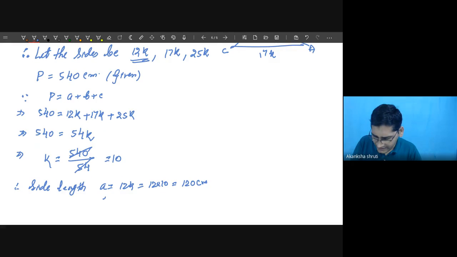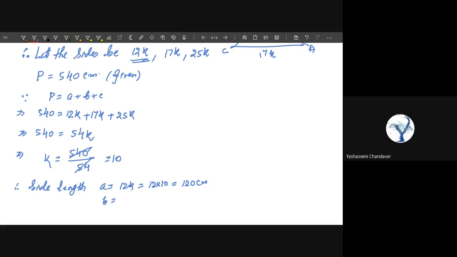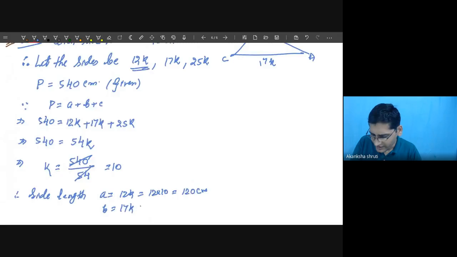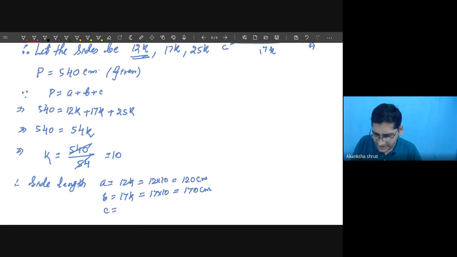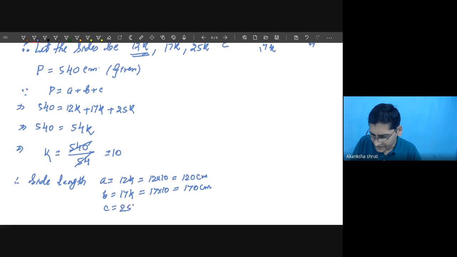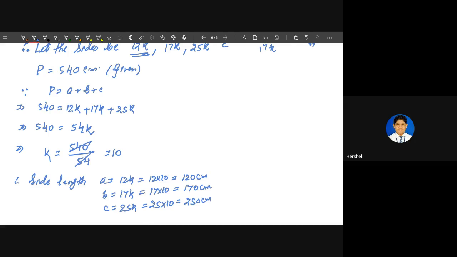The other side length b, denoted as 17k, so 17 into 10 is 170 centimeter. The other side length c as 25k is 25 into 10, it is 250 centimeter.